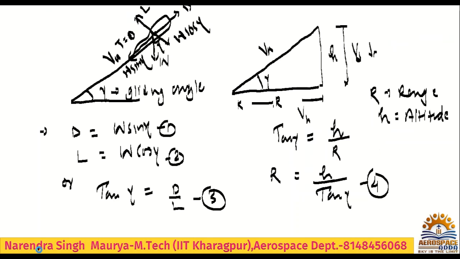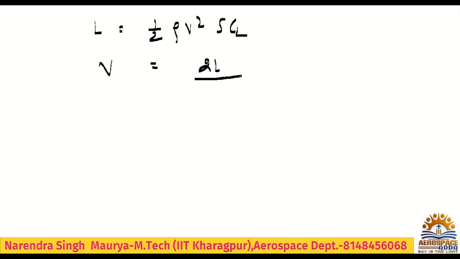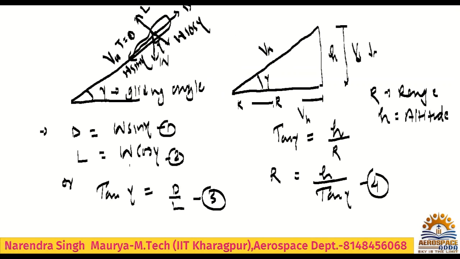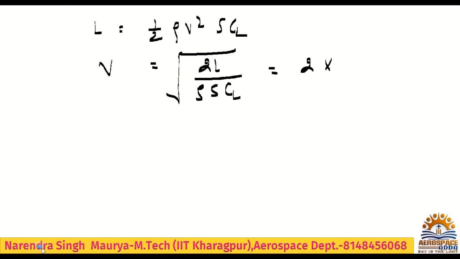So what is the lift force? It is half rho v square S into CL. So V is the square root of 2L divided by rho S CL. In gliding, what is the lift force? Lift force is W cos gamma. So V is 2W cos gamma divided by rho S area into CL.